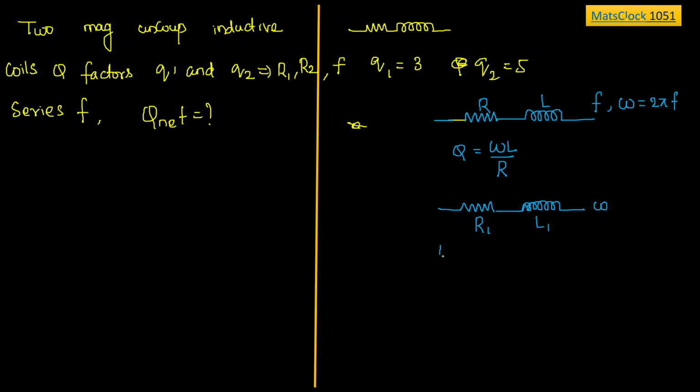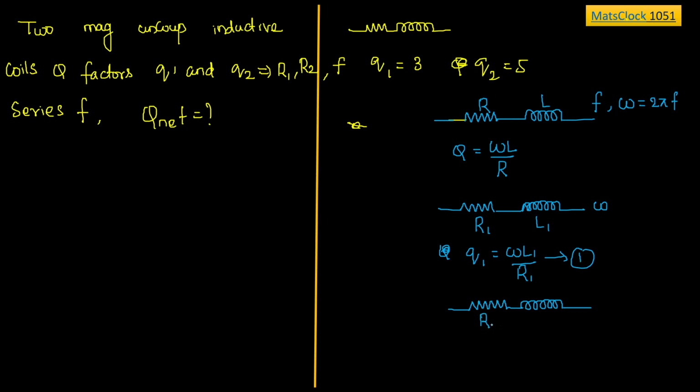So we can write the quality factor of the coil; they are using small q, so I am writing Q1. Q1 can be written as omega into L1 divided by R1. Why am I not putting a subscript 1 for omega? Because omega is constant, they clearly told. Treat this as equation number 1. Now let us keep our attention on one more coil. Initially these two coils are separated from each other, and there will be no relation between them.